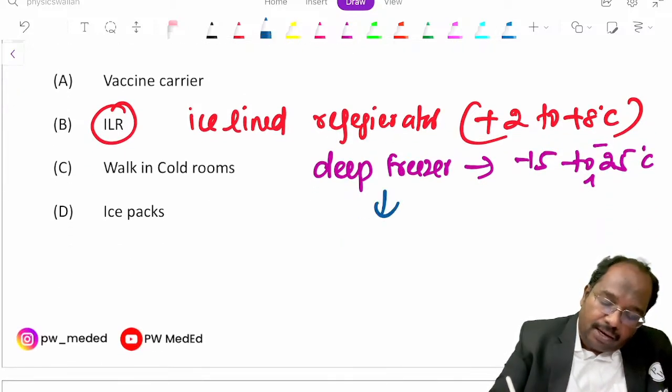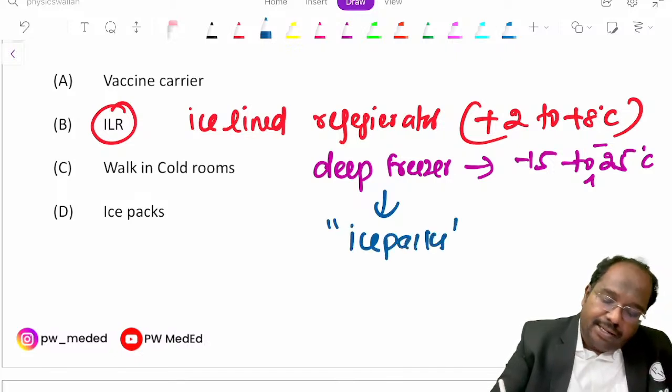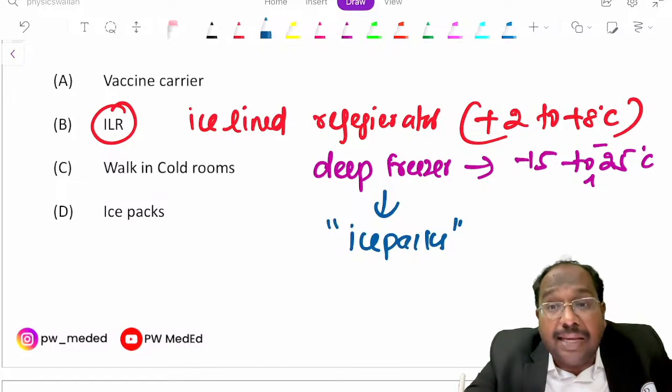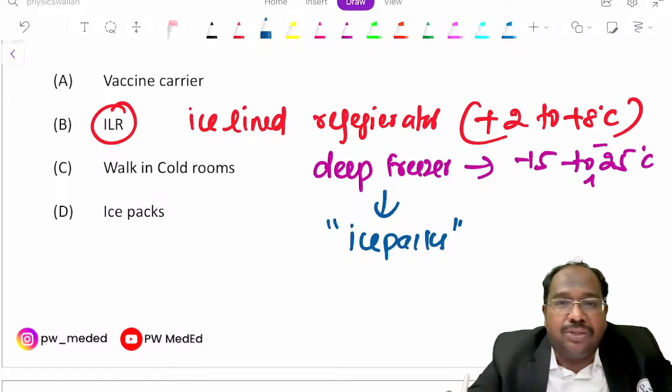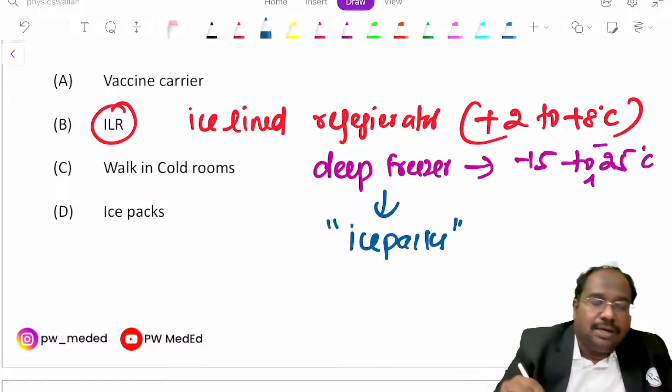What is the use of the deep freezer? The deep freezer is for making ice packs, at -15 to -25 degrees Celsius. The ice-lined refrigerator is +2 to +8 degrees Celsius.